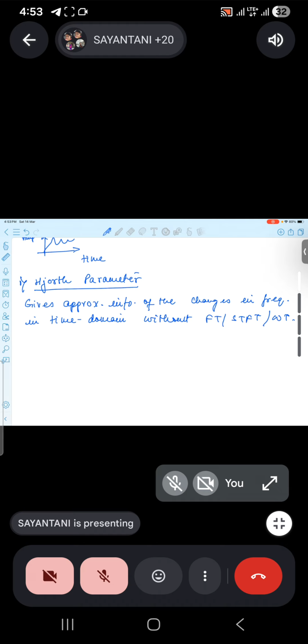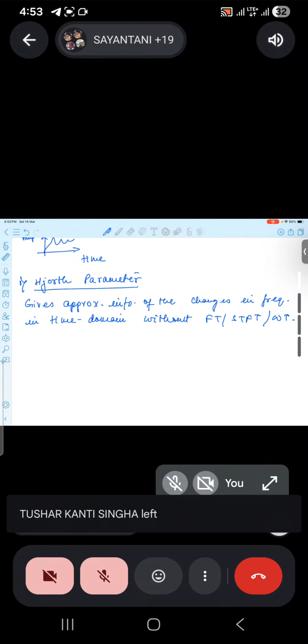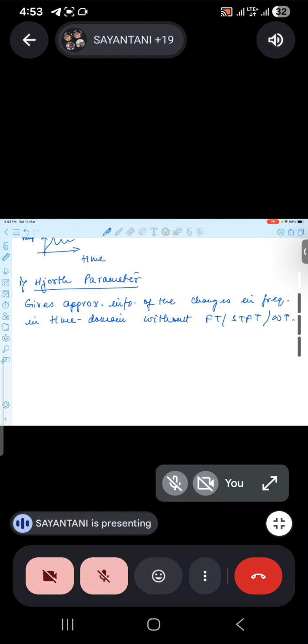Now, how am I getting these approximate changes in frequency sitting in the time domain? Through certain statistical characteristics like changes in variance. All those statistical characteristics help me get approximate information about the frequency changes.